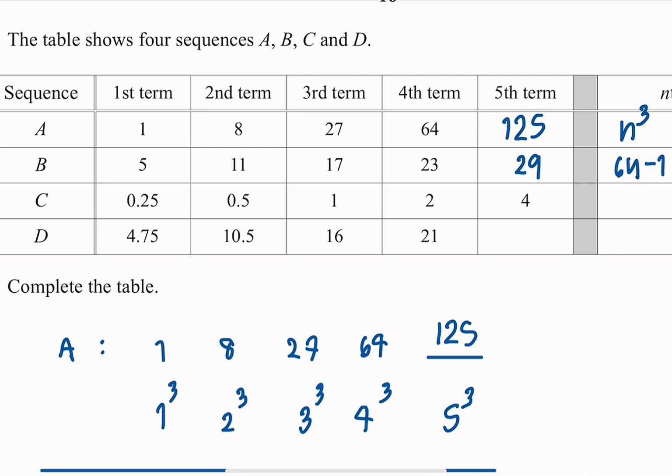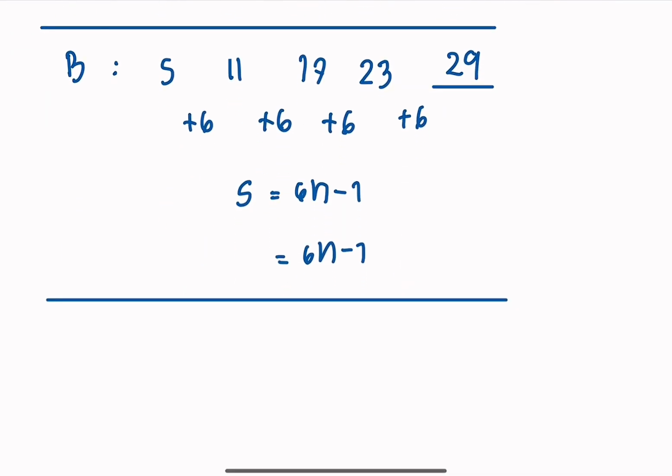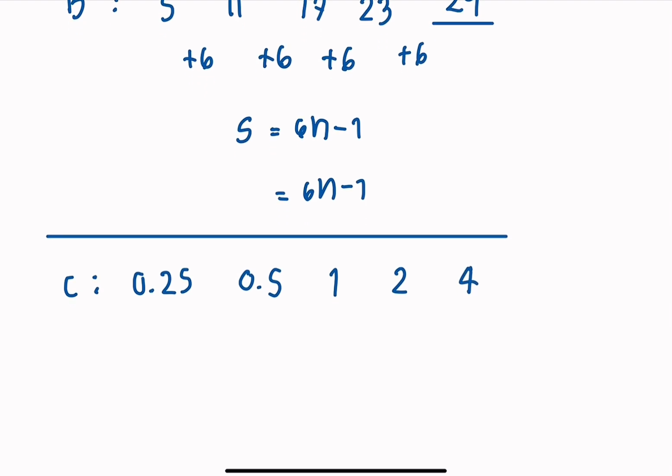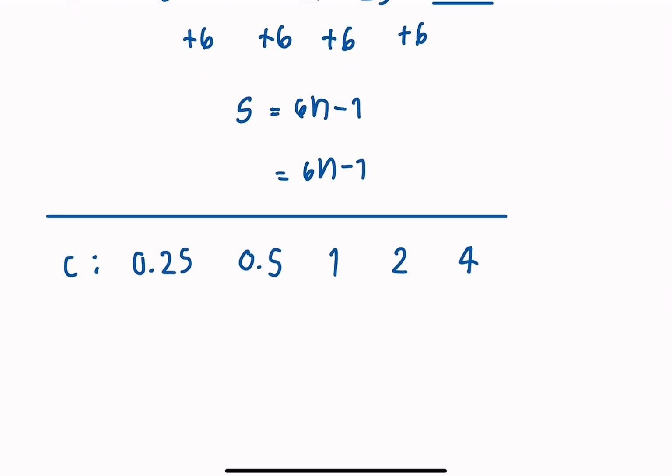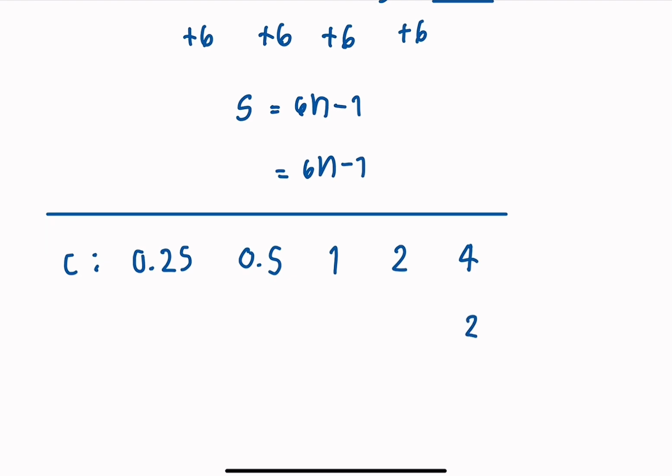Next, the sequence C. The sequence C consists of 0.25, 0.5, 1, 2, and 4. Well, I know that 4 is 2 squared.